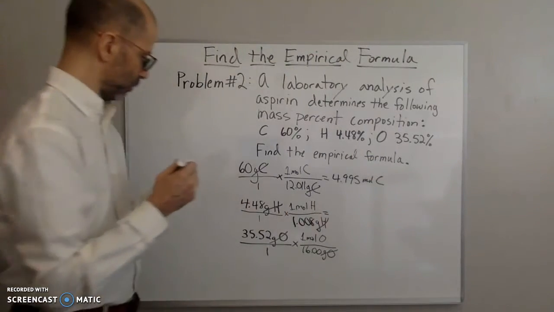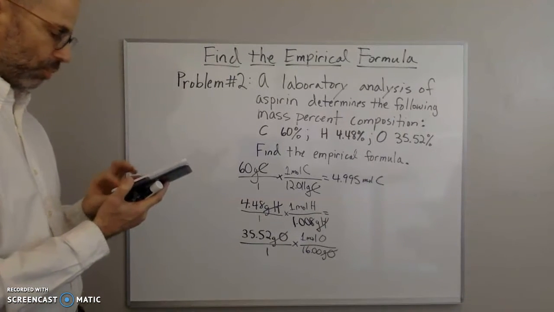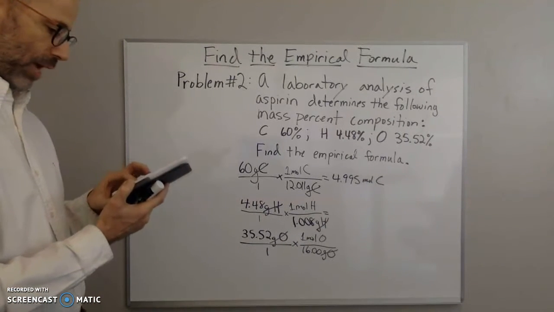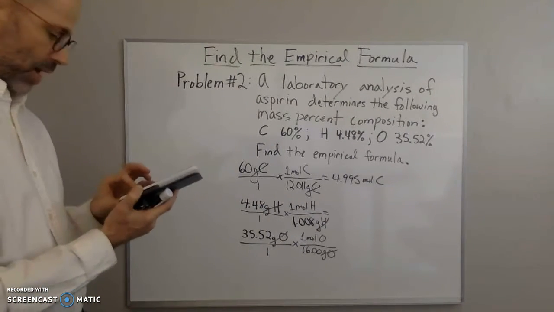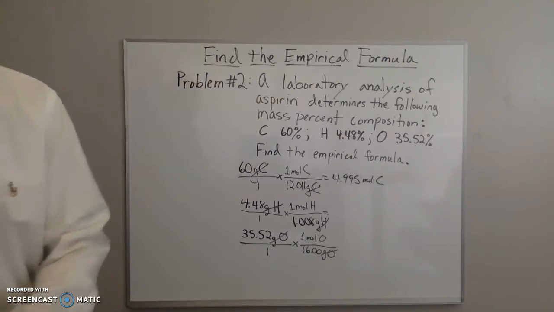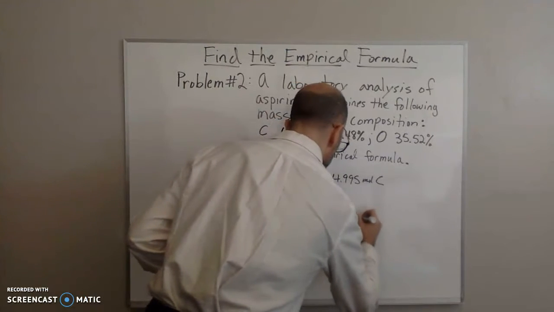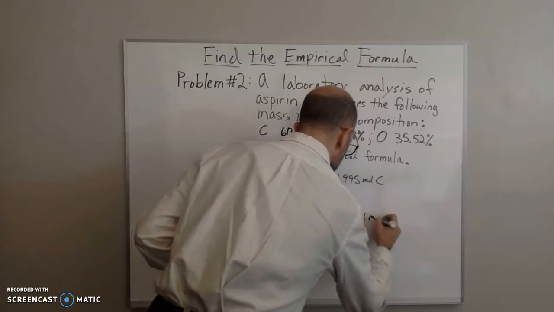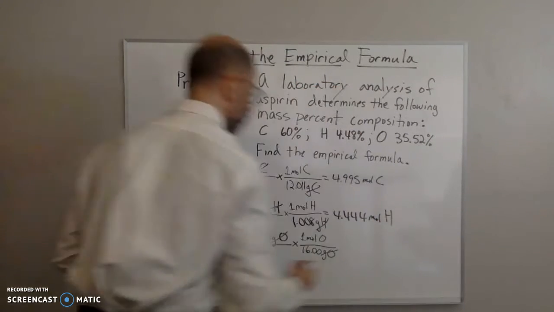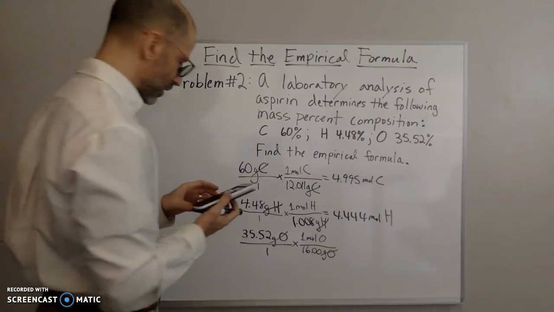I do the same thing with hydrogen. So I have 4.48 divided by 1.008 equals, and that gives me 4.444 moles of hydrogen. And then I do the same thing, the last thing.